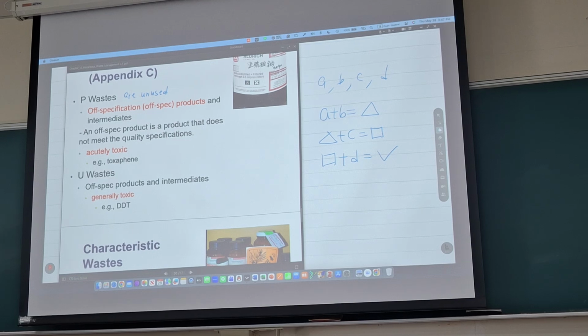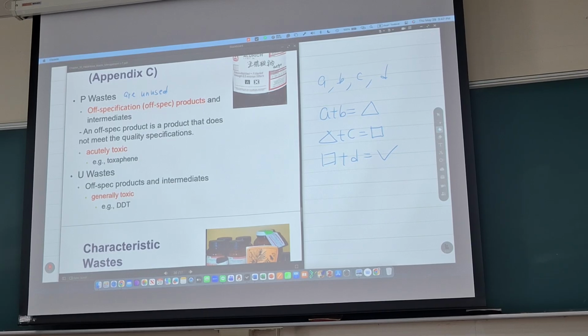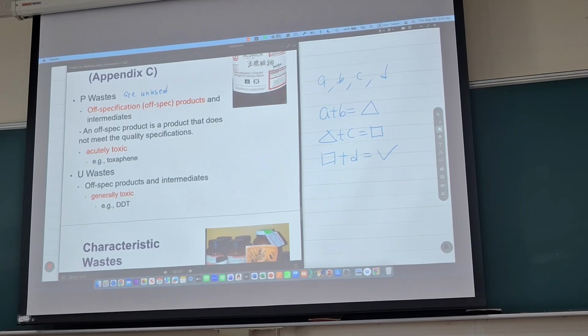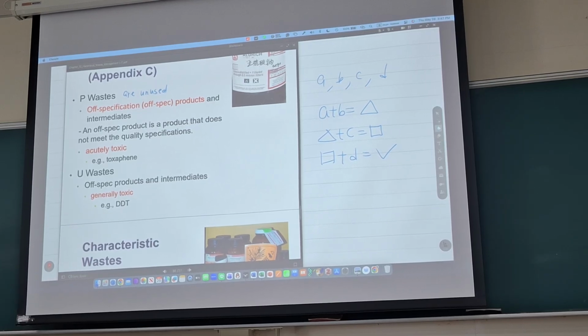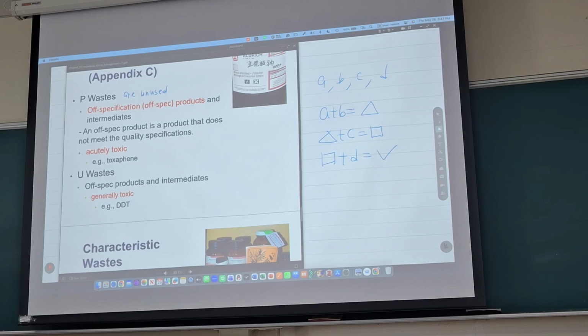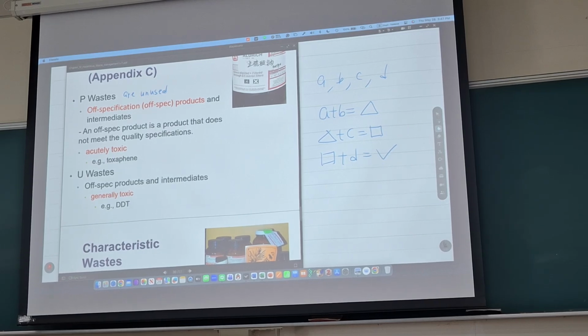P waste are unused, all on spec. All specifications, products, and intermediates.